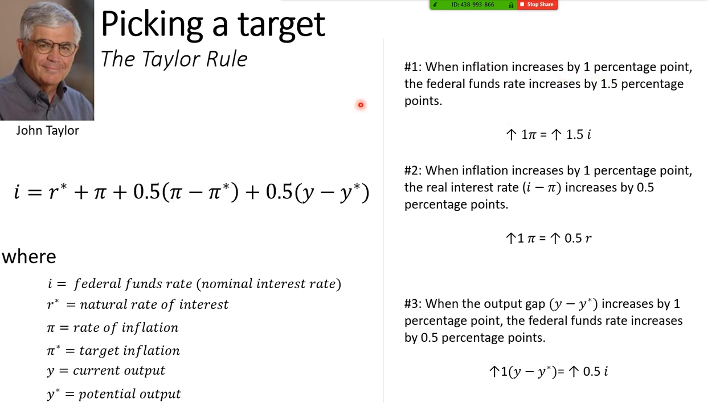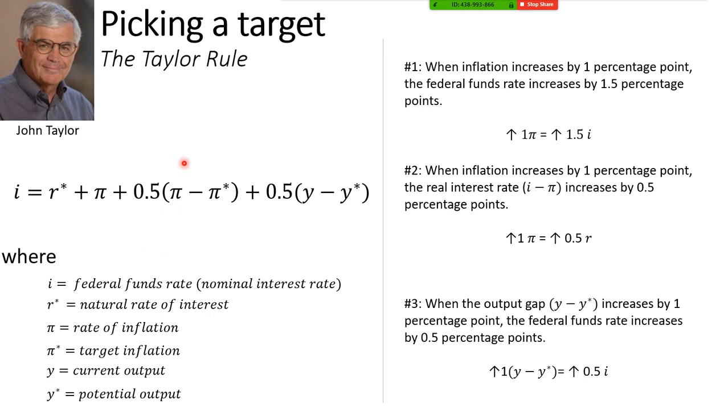Why? Well, if my inflation increases by 1 percentage point, that means I have a 1 here standing in for pi. And it means that I also have a 1 standing in here in place of pi.